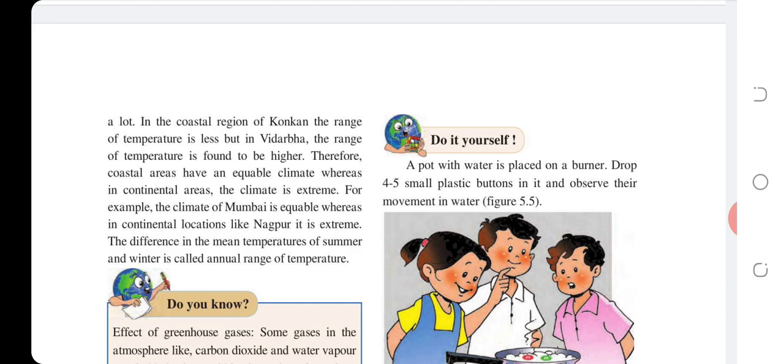Therefore, coastal areas have equable climate, whereas in continental areas, the climate is extreme. For example, the climate of Mumbai is equable, whereas in a continental location like Nagpur, it is extreme. The difference in mean temperature of summer and winter is called annual range of temperature.